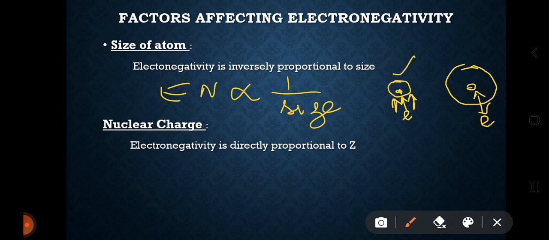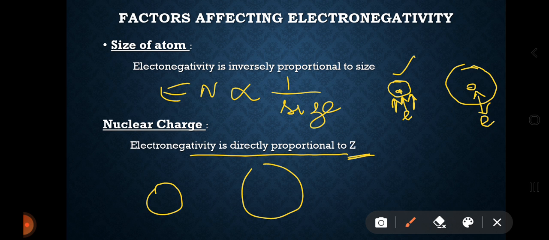Next, nuclear charge. For nuclear charge, I have written electronegativity is directly proportional to Z. Now let us consider one small atom which has only two charges and another larger atom. Here it has many positive charges. Now consider two electrons. Which atom will attract the electron very easily? Not the larger size, you have to say it is the atom which has more number of positive charges.